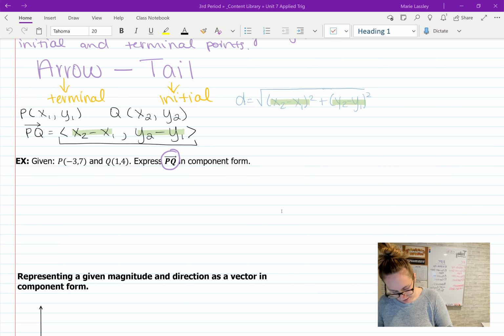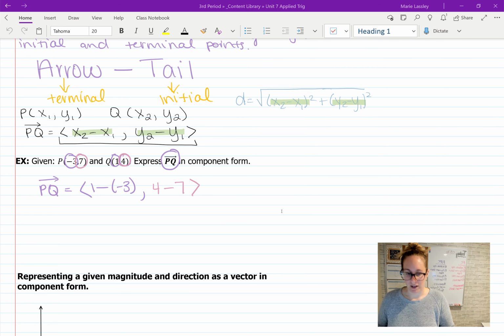So if we want to find PQ, we take x of Q, which is 1, minus x of P, which is -3. And then we take y of Q, which is 4, minus y of P, which is 7.